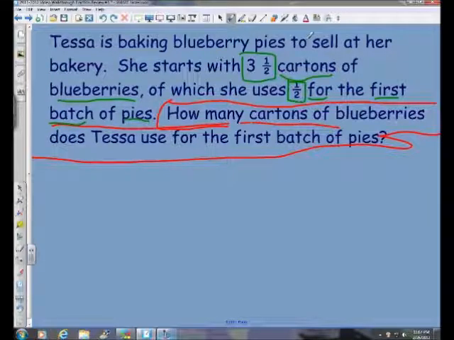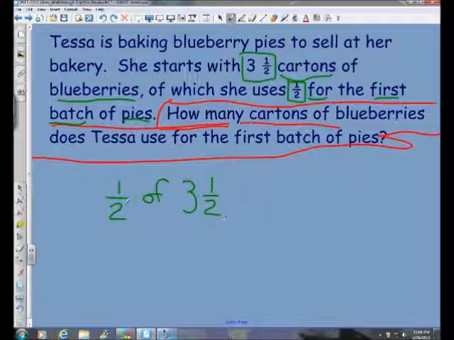Okay, so now we're dealing with this. We've got a mixed number in 3 1/2, and we have the fraction 1/2. So she starts with 3 1/2 cartons of blueberries, and she uses 1/2 of those. So I hope you're starting to see what we're heading towards here. 1/2 of 3 1/2 cartons of blueberries.